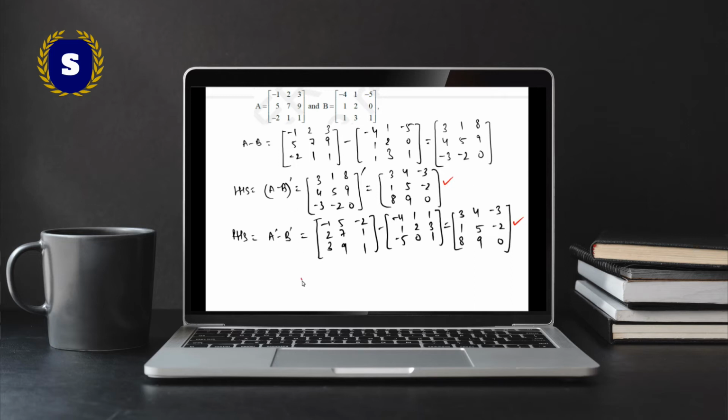So we can say that (A minus B) transpose is equal to A transpose minus B transpose. Hence proved. Now we can jump to the next question.